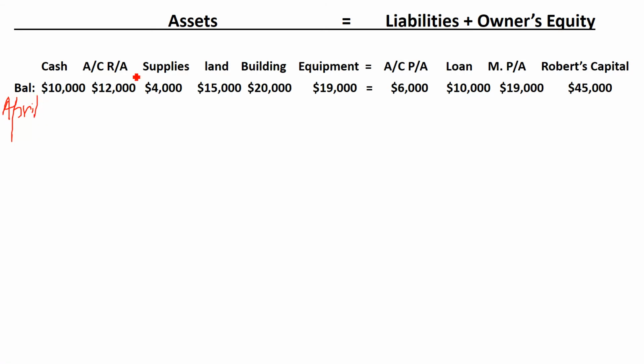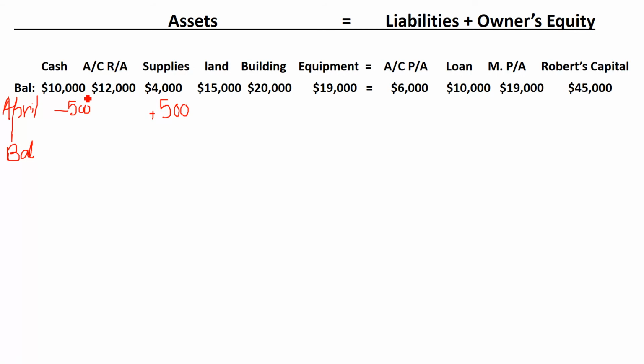What I said: supplies are increasing by 500 and cash is decreasing by 500. So what I told you, then you have to make a balance.